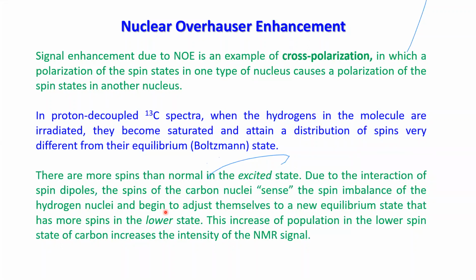That will increase the excess nuclei amount for the carbon. If your carbon excess nuclei is increasing, that will increase the peak height. And we will try to understand that in a more scientific way.